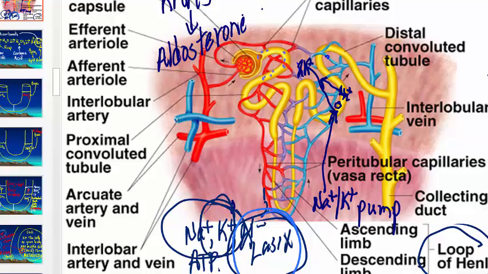So you will be getting rid of potassium, and you will be pumping in sodium. And the osmotic effect of sodium will allow the water from the distal tubules to be reabsorbed back into the blood. So aldosterone increases your blood volume by increasing sodium reabsorption.